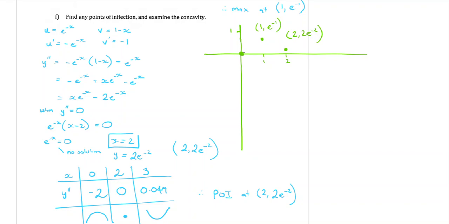Okay, in part D, we found out that as we're going to infinity, we should be coming out here on my x-axis, we're approaching 0. So this maximum is coming down, it's inflecting here, and then it's going to approach the x-axis, but never hit it.